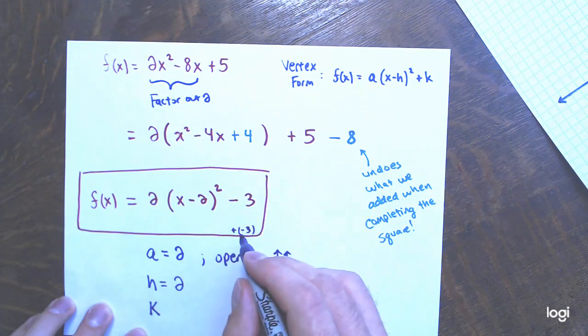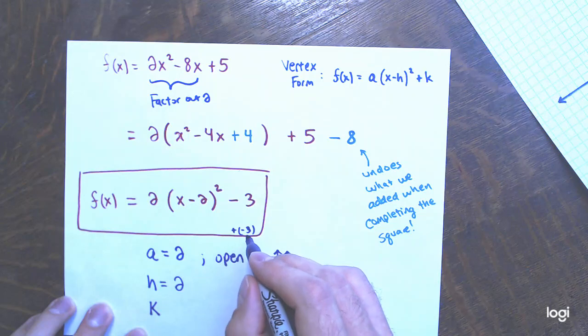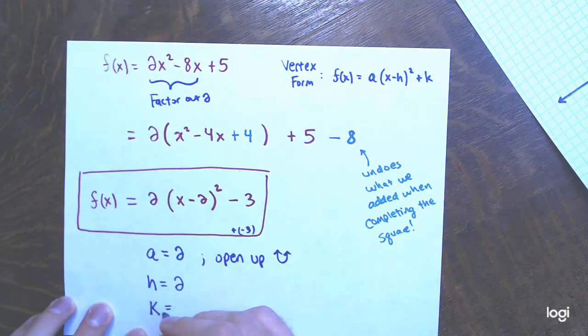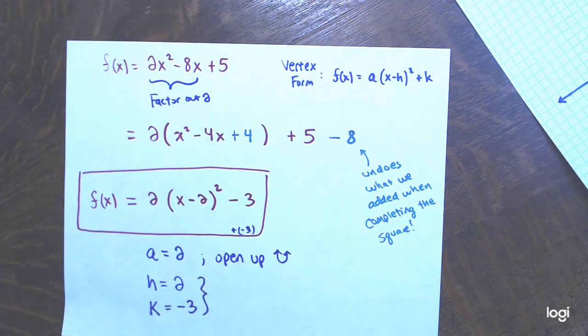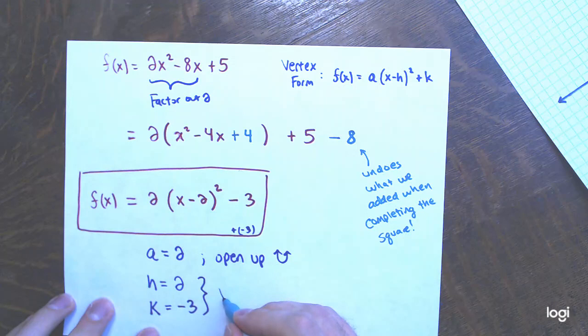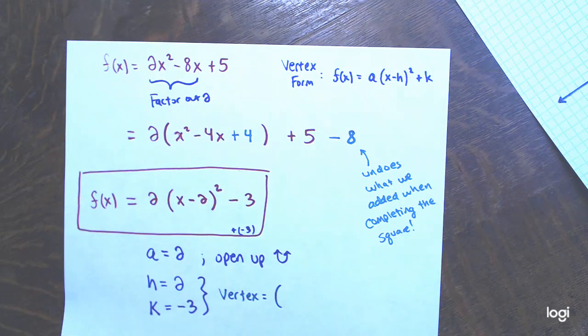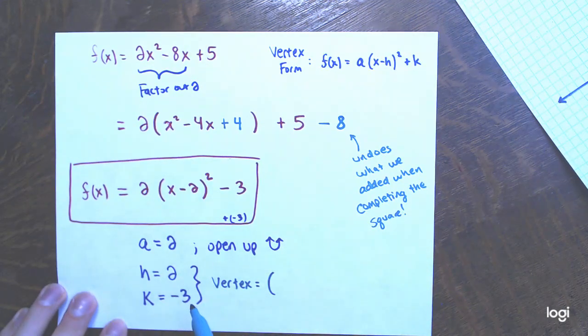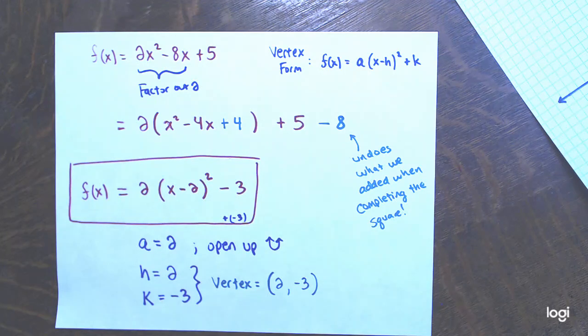When I say minus 3, that's the same as plus negative 3. So negative 3 is the value of this k. So I have this h and k. Those are the coordinates of the vertex. So the vertex, when I'm done graphing, after using all the transformations and whatnot, will have x coordinate 2, y coordinate negative 3. We're going to see that when we graph in a minute.